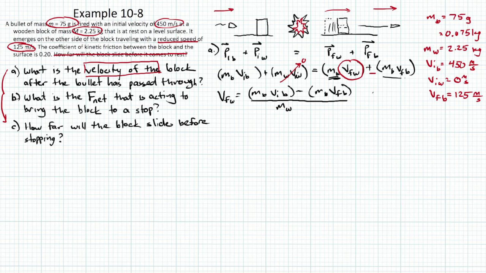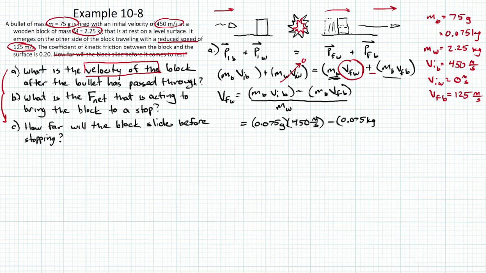Well, all this stuff we know right here, so let's just plug in what we know. So that'll be the mass of the bullet, that is 0.075 grams, times initial velocity of the bullet, we know that too, 450 meters per second. Minus mass of the bullet, again, same thing, 0.075 kilograms.